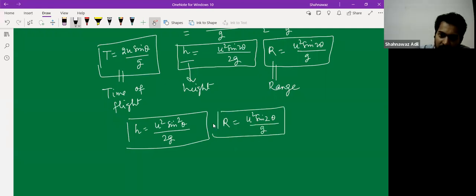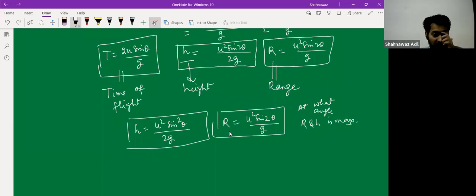So at what angle are your r and h maximum? From what angle do you have to throw the projectile so that you achieve the maximum height as well as the maximum range for a projectile, okay?